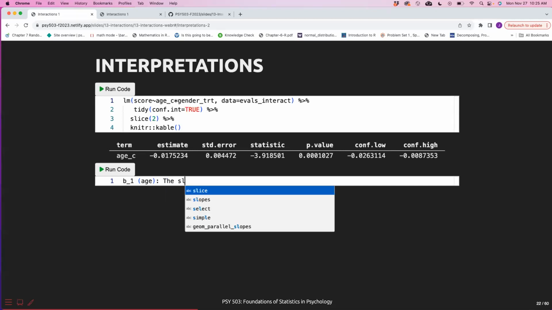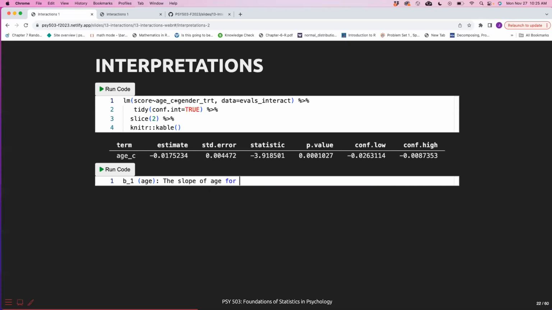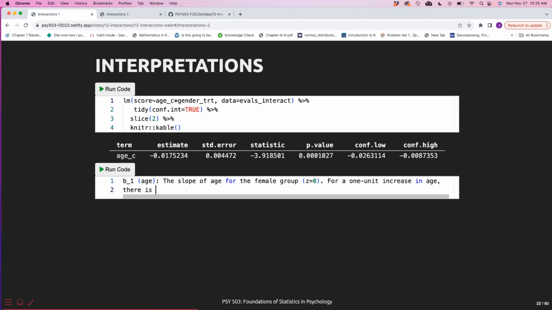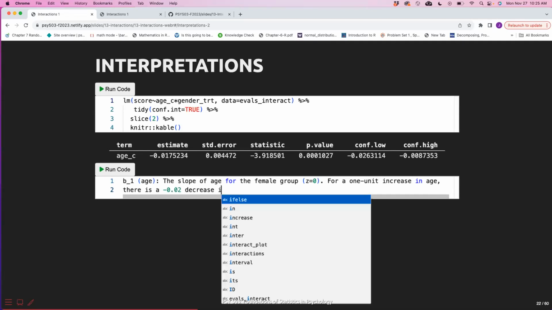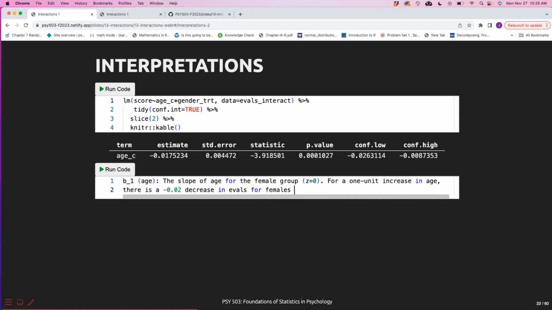So basically it's the slope of age for the female group, right? So when z equals 0. So we can say for a 1 unit increase in age, there is a negative 0.02 decrease in evals for females. So that's how we would interpret this particular coefficient.